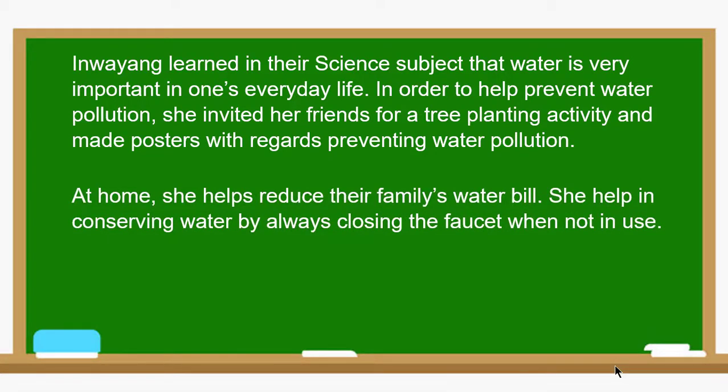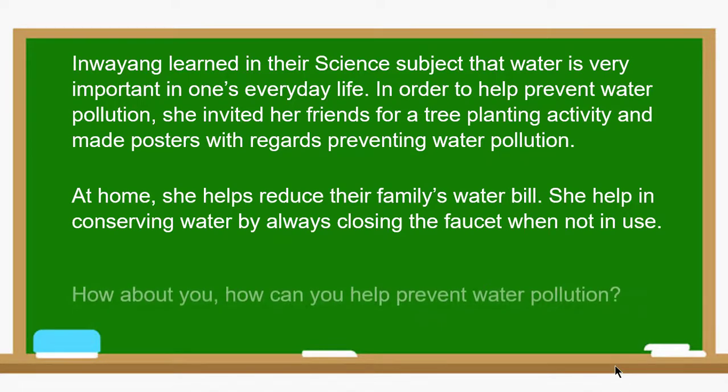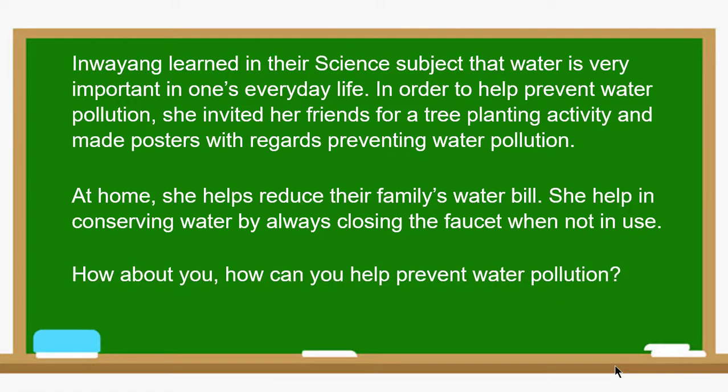At home, she helps reduce their family's water bill. She helped in conserving water by always closing the faucet when not in use. How about you? How can you help prevent water pollution? How can you help in conserving water?